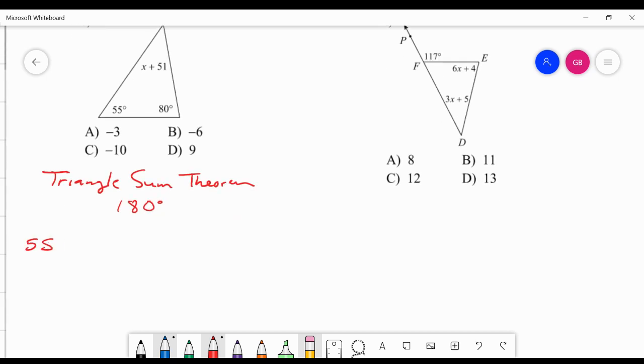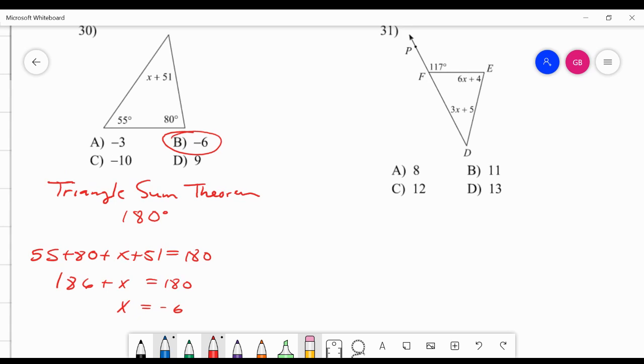So 55 plus 80 plus x plus 51 equals 180. 55 plus 80 plus 51, I'm going to combine like terms. Should be 186. And if I subtract 186 from both sides, I get negative 6.